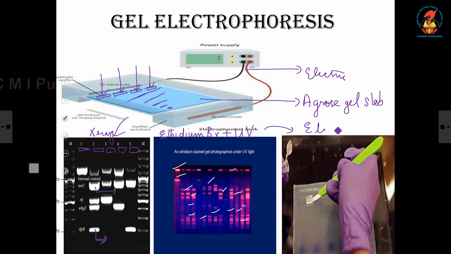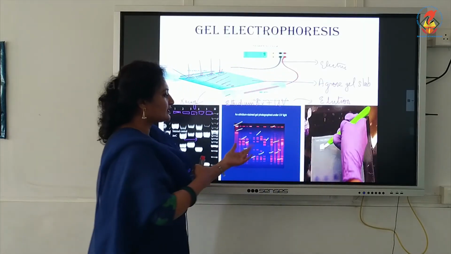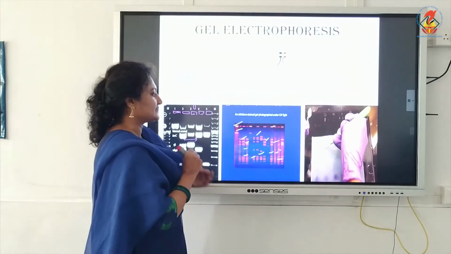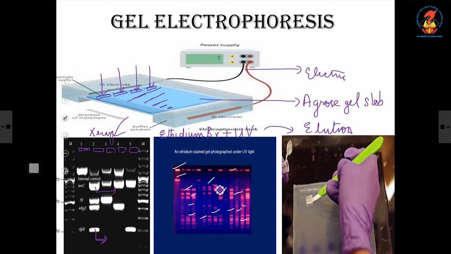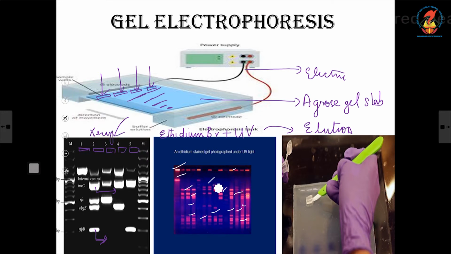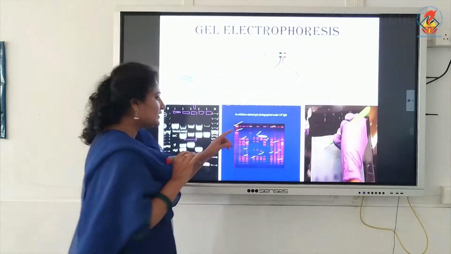The next step is elution. In elution, we need not take out all the DNA fragments that are separated, only the fragment which has our gene of interest. For example, take another color which stands out. Let's assume this is the fragment of DNA which has our gene of interest. So only that is cut out.